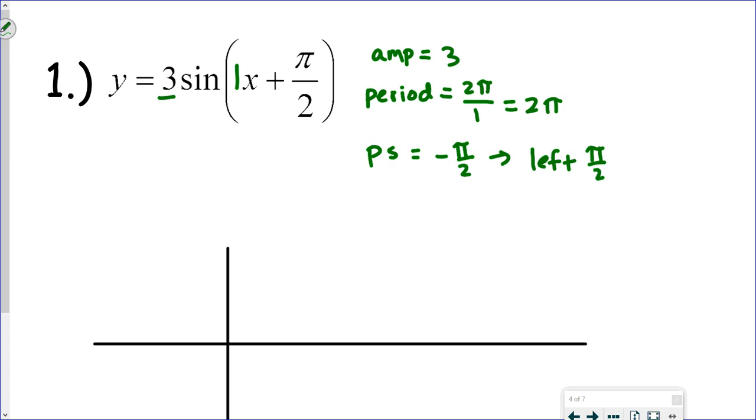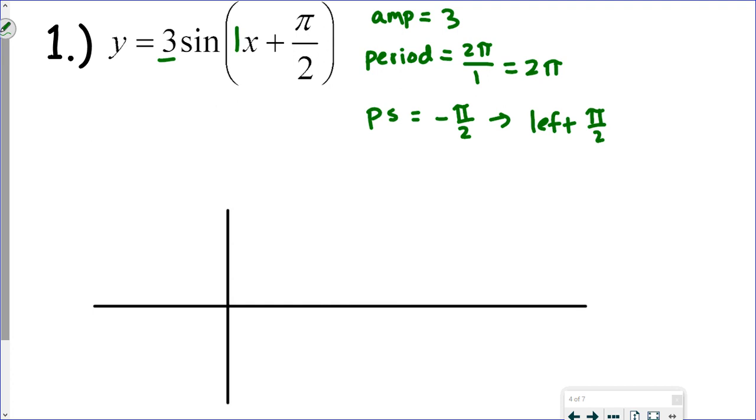So I'll go ahead and do the amplitude of 3, period of 2 pi, but I won't move it left yet. So period of 2 pi means you mark your pi over 2, pi, 3 pi over 2, and 2 pi.